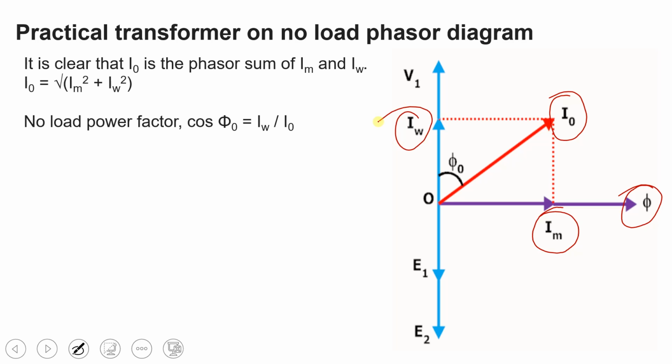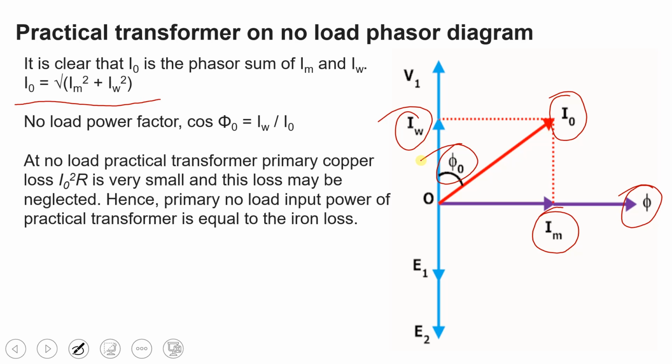So it is clear that I naught is the phasor sum of IM and IW, and I naught can be given by this formula: I naught equals the square root of IM square plus IW square. The no load power factor cos phi is equal to IW upon I naught.